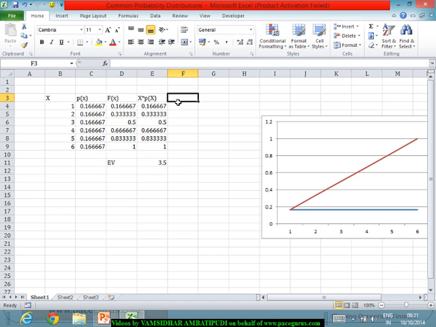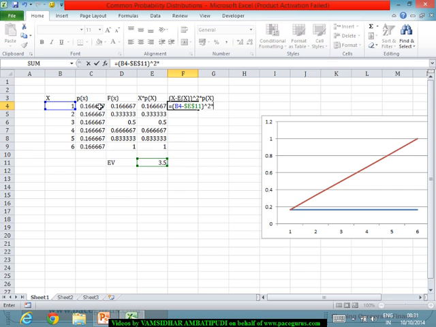Similarly, if I want to go ahead with the computation of the variance, I can take it as x minus expected value of x whole squared multiplied by the probability of x. That is what we generally do. So here also I am doing x minus expected value of x whole squared multiplied by the probability of x.